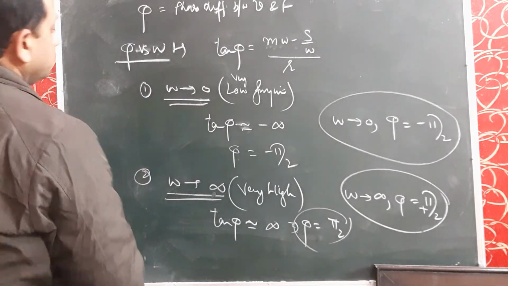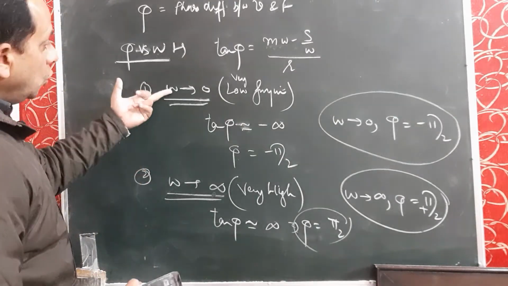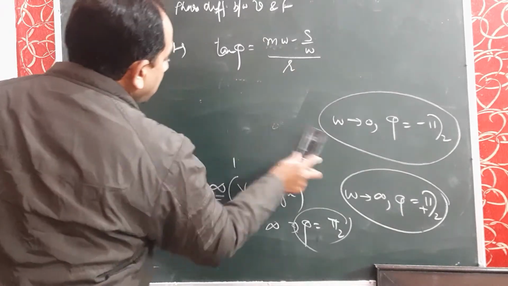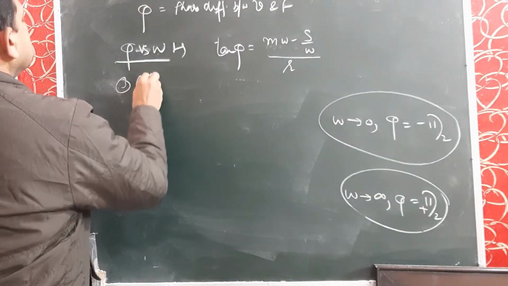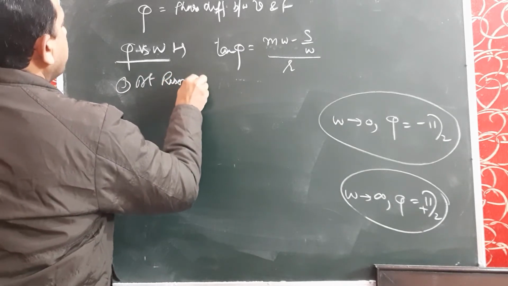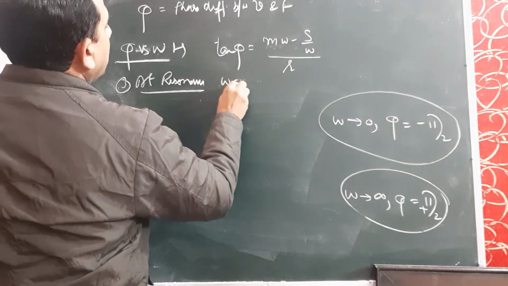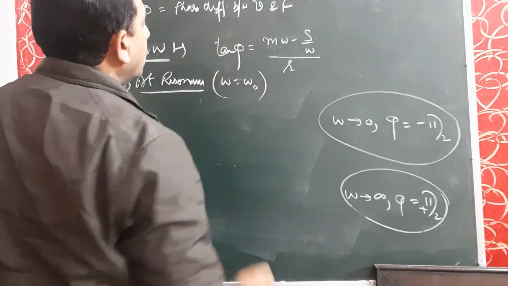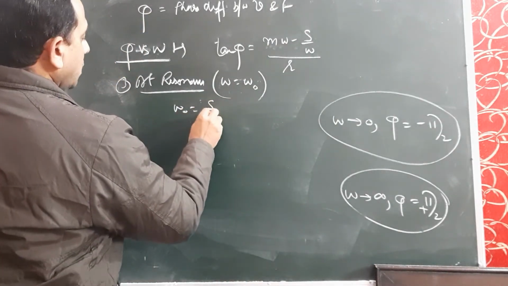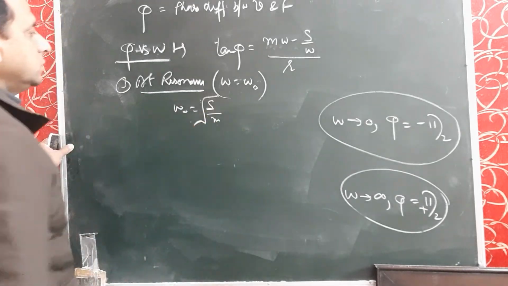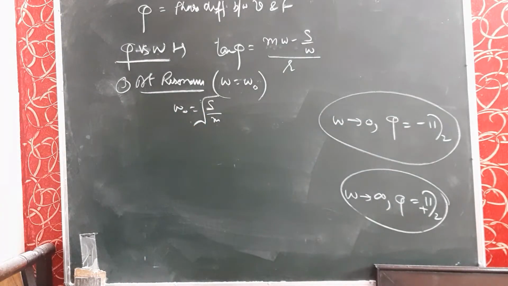And the third case is the frequency in between 0 and infinity, that is, at resonance, where omega is equal to omega naught. What is omega naught? Omega naught is the square root of s by m; it is the frequency of the undamped oscillator.